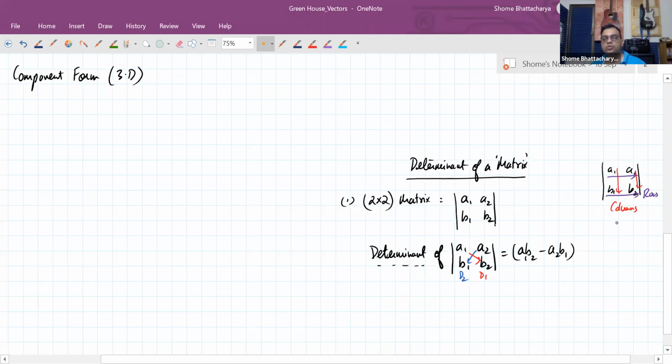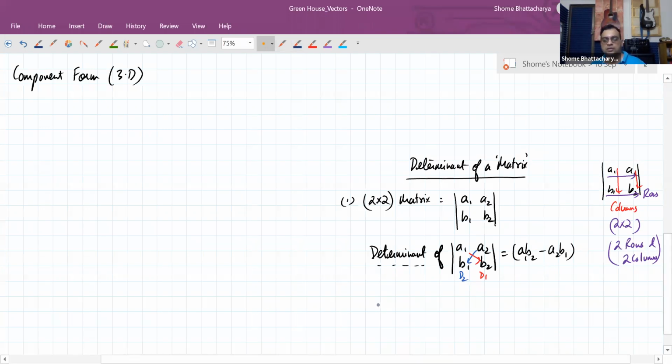So 2 by 2 matrix means two rows and two columns. So the determinant of a 2 by 2 matrix is given by this formula.